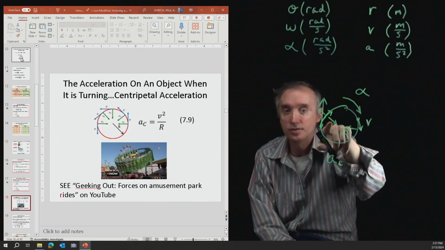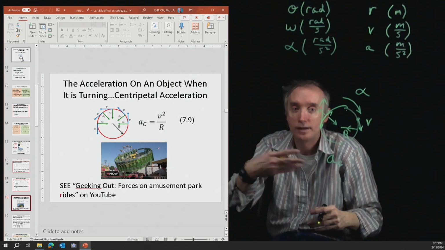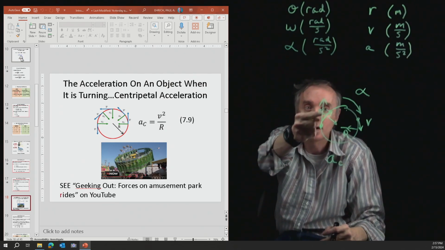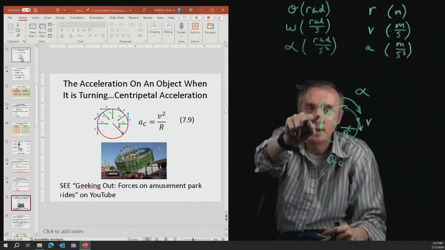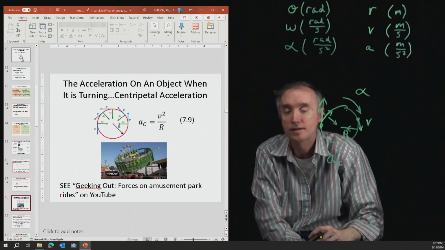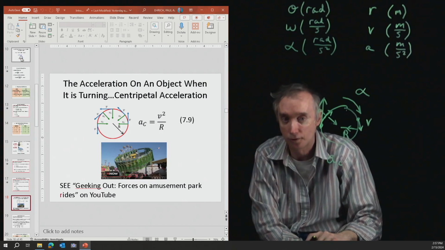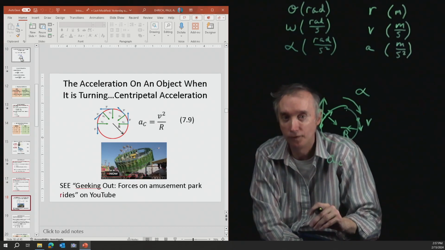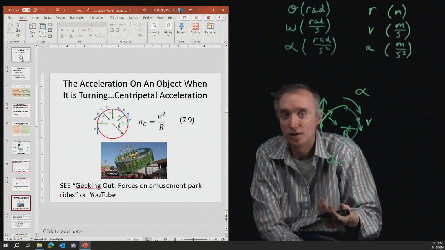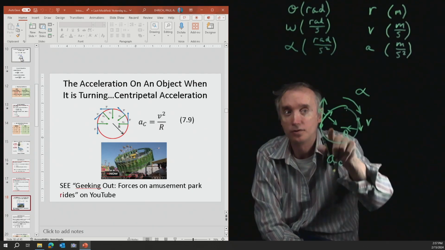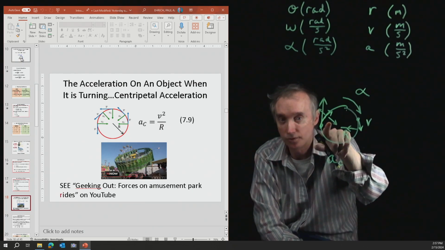The force that you feel when you make an impact with the car, because the car is turning, has a name: the centrifugal force. But the centrifugal force is really just the reaction force to the centripetal force.